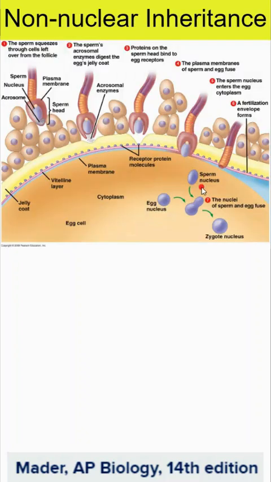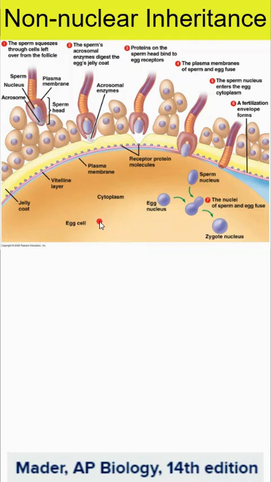So, the final example of non-Mendelian inheritance would be non-nuclear inheritance. Everything that we've been talking about so far has to do with genes and chromosomes. But in sexual reproduction, some traits, especially through mitochondria and chloroplasts, get passed not through the nucleus, but through the organelles.